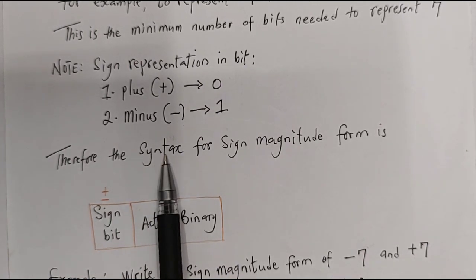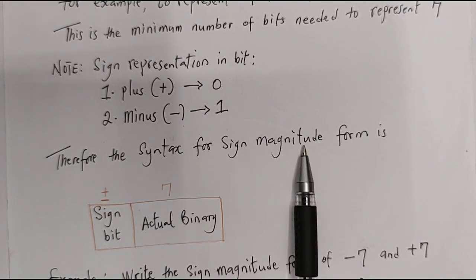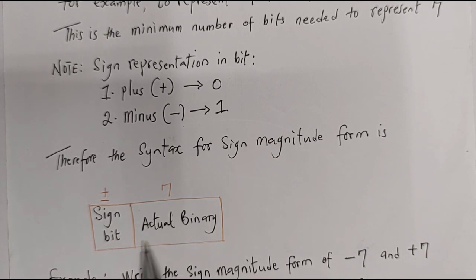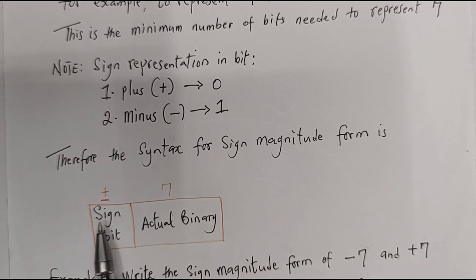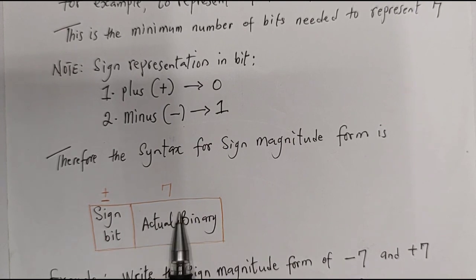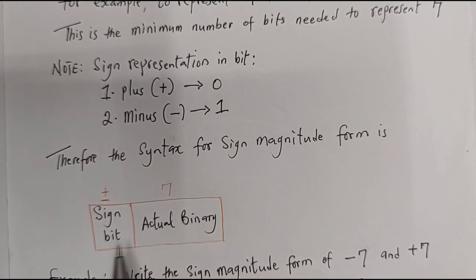Therefore, the syntax for signed magnitude form is represented with this formula. Now, once you have this at the back of your palm, you have these two columns. You have the signed bits, and then you have the actual binary.